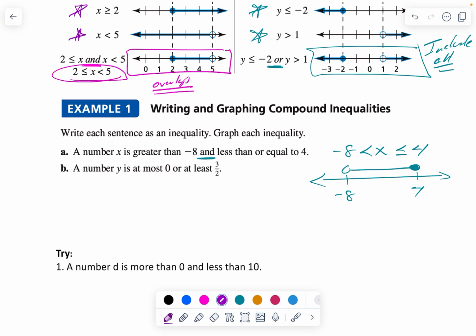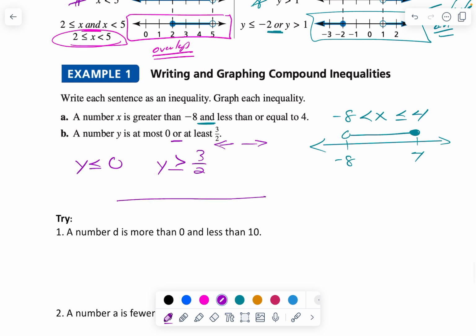Now this next one is an "or," so it's most likely going to go in both directions. A number y is at most 0, so y is less than or equal to 0. Or at least, at the smallest, in other words, y is greater than or equal to 3/2.